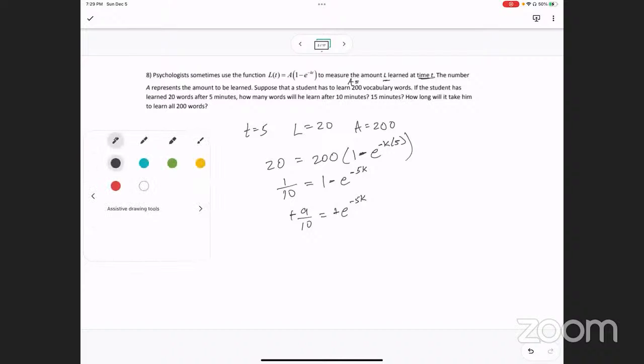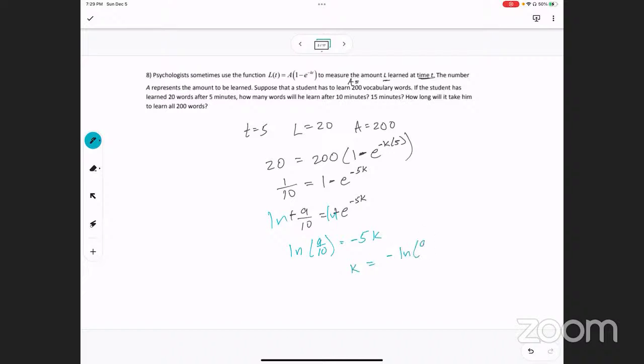I'm going to take the natural log of both sides. Got it? So the natural log of 9/10 equals negative 5K. So what does K equal? Negative natural log of 9/10 over 5. See how I came up with that?